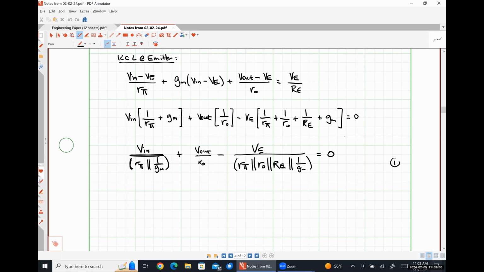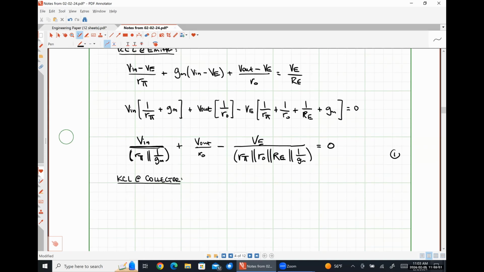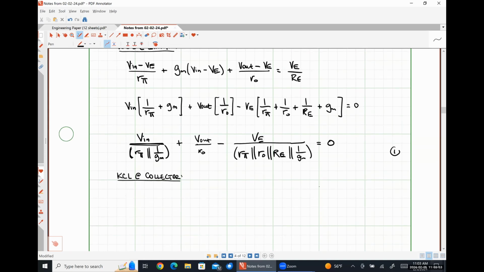My stylus will write. So first I'm going to have the gm v pi term. And we already figured out that v pi is the same thing as Vb minus Ve.